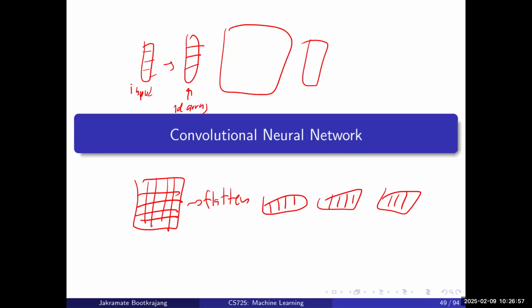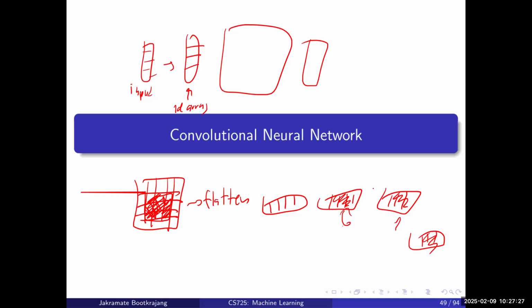Because when you look at an image, you look at the pixels around it to be able to tell this is some object, right? For example, if you want this correlation between the input here, it's going to be here, here, and then maybe somewhere else down the line, so it's not in the consecutive one.